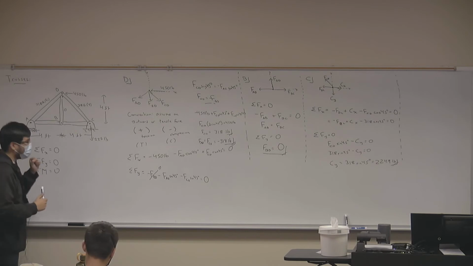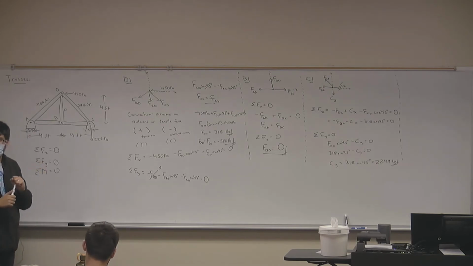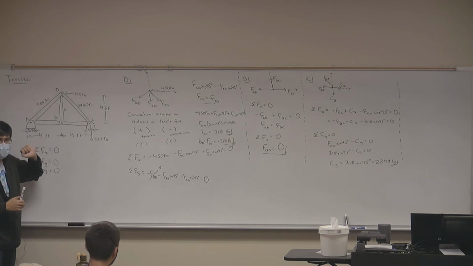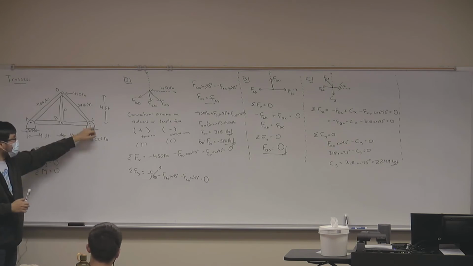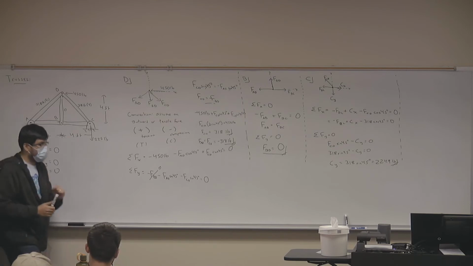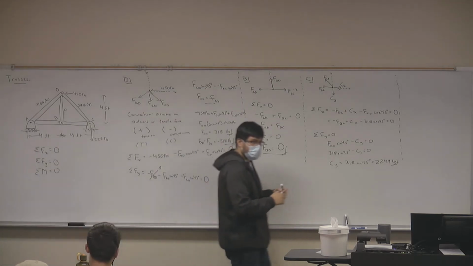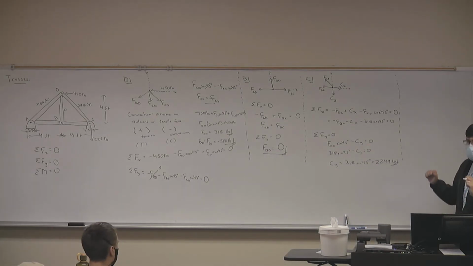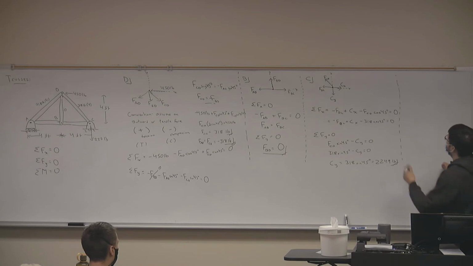Because if we can look at this as one system, in other words, if we were to pretend that these trusses are all rigid bodies that are connected through fixed supports, then I can still find those reactions before looking at the individual joints. Okay? But let's talk about that after we look at joint A. So let's just look at the joints first, and then we'll look at the system as a whole.